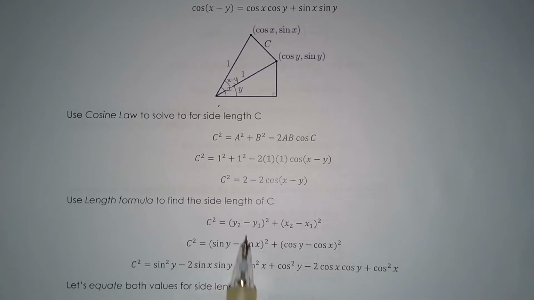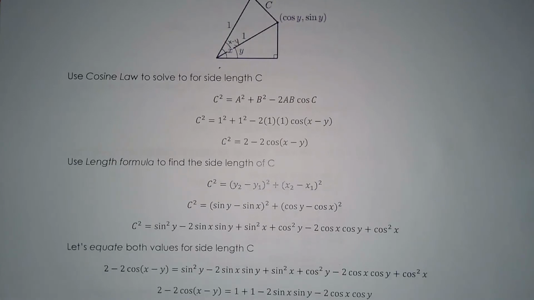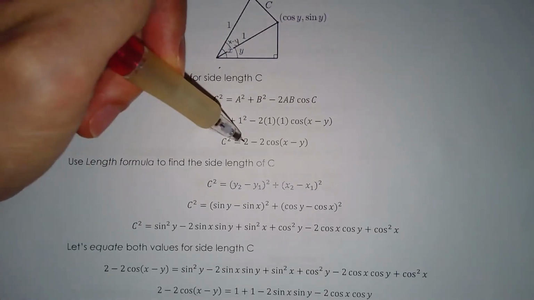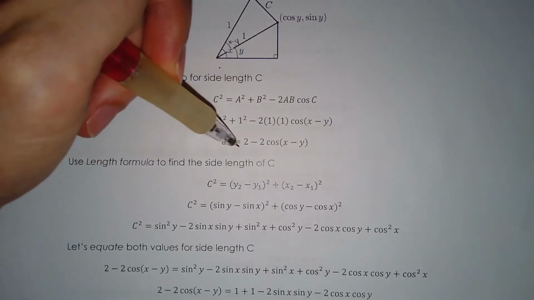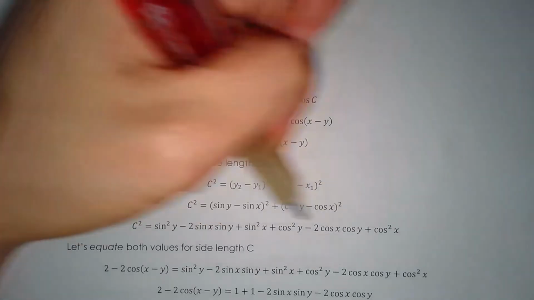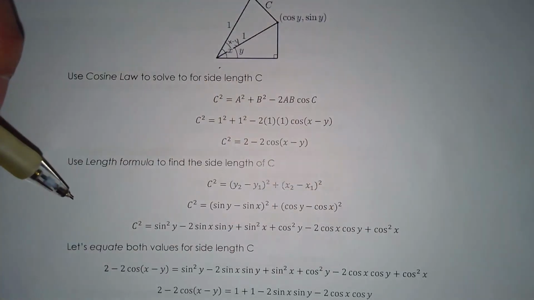The y coordinates of the 2 points are sine y and sine x, and the x coordinates of the 2 points are cos y and cos x. Anyways, you do a bit of expansion and you get c squared equals all of this. So we have c squared equals this from the cosine law, and we also have c squared equals this from the length of a line segment.